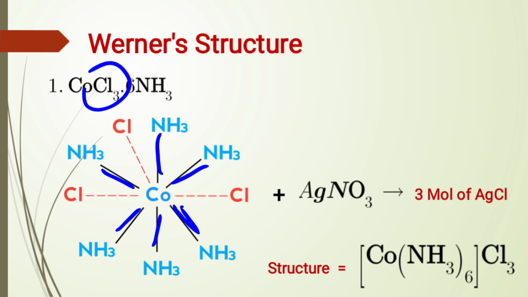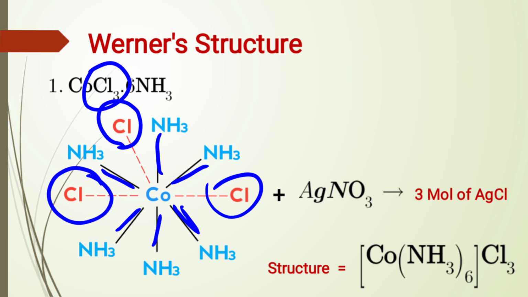Then chlorine is a negative ion once in solution. So therefore, they satisfy the primary valency of the central metal atom, right? So they are going to be distributed along the dotted lines, which represent the primary valency.